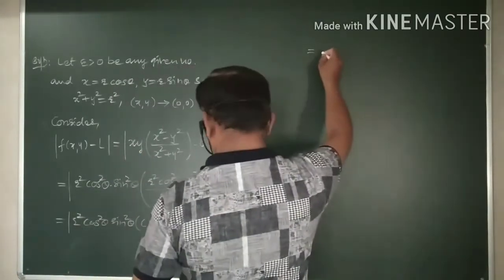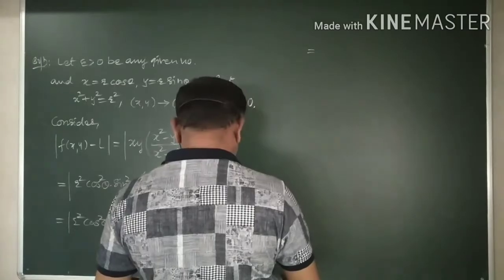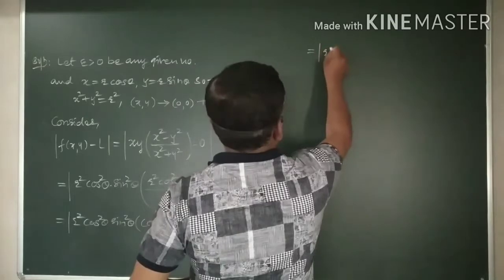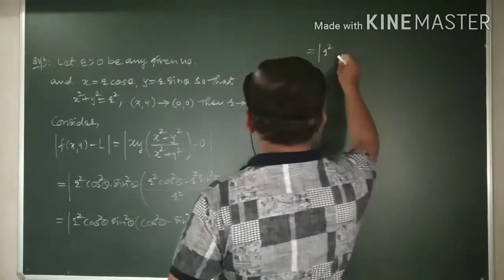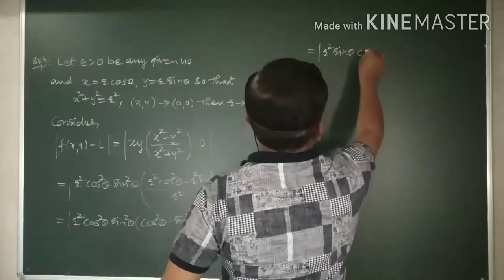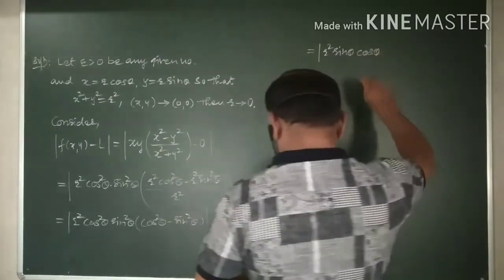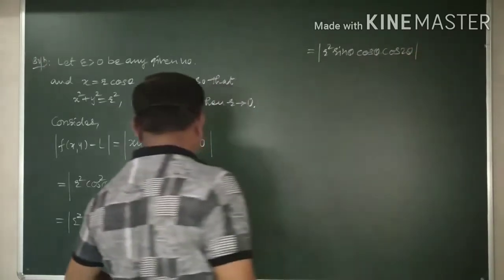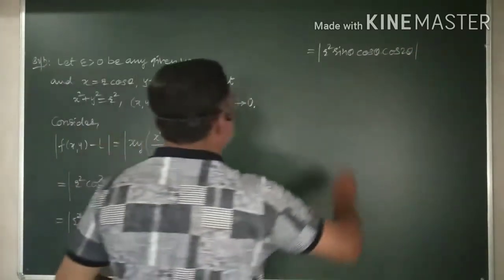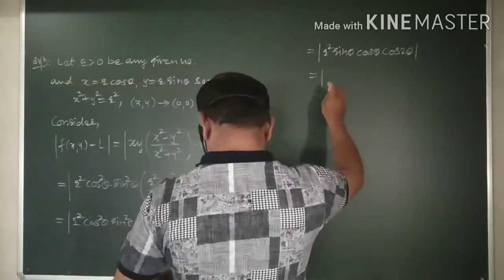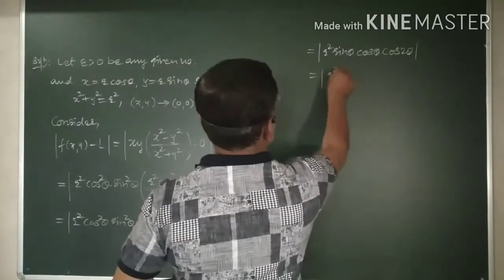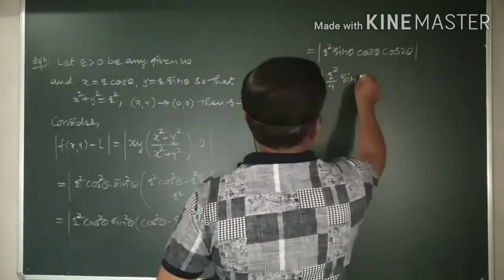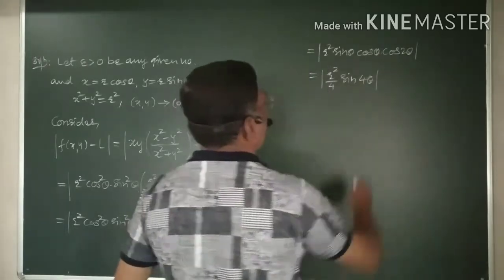If you use your identities, then finally we get r square sin theta cos theta into cosine of 2 theta. This is equal to further r square upon 4 sin 4 theta.